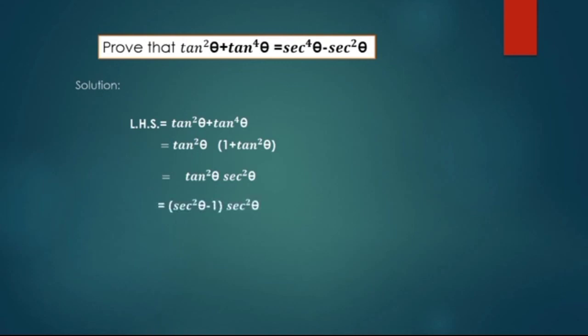So (secant square theta minus 1) into secant square theta. We can multiply these two: secant square theta into secant square theta, secant to the power of 4 theta, minus 1 into secant square theta, secant square theta. These are equal. So LHS is equal to RHS.